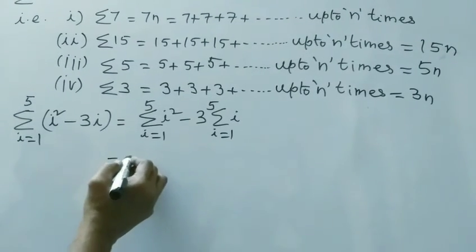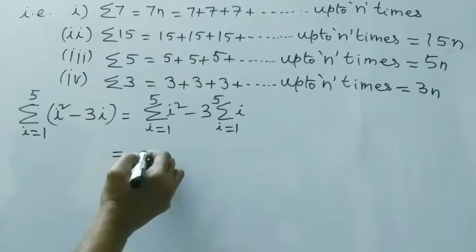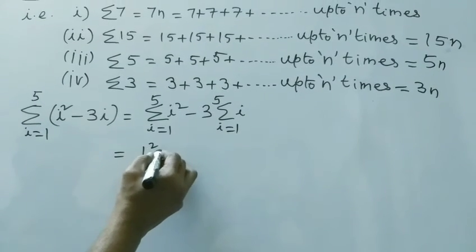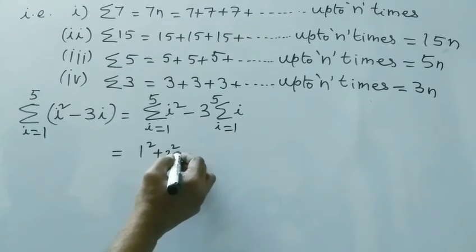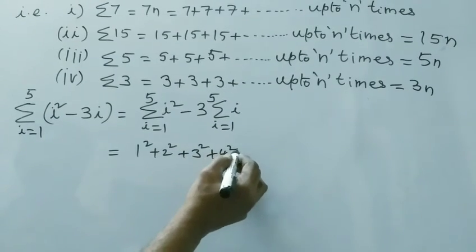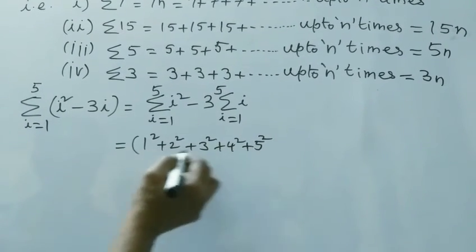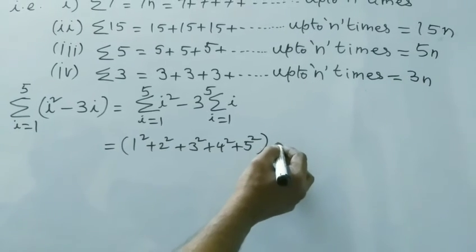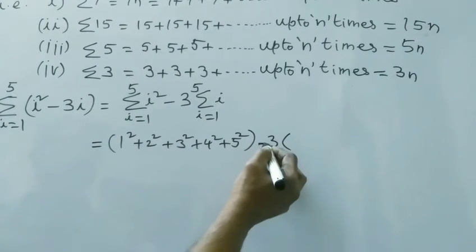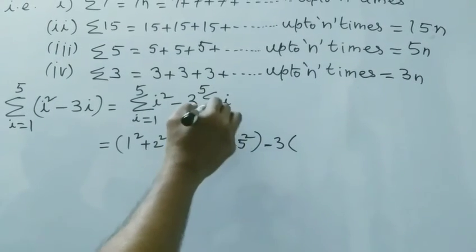So here sigma i is equal to 1 to 5 of i square is equal to 1 square plus 2 square plus 3 square plus 4 square plus 5 square, minus 3 of sigma i is equal to 1 to 5 of i.